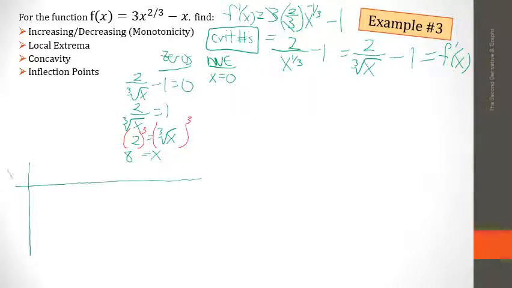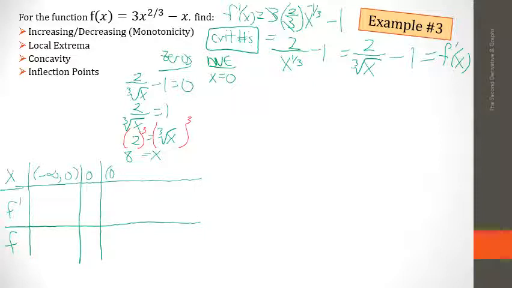So we have x, we have f prime, and we have f. We have negative infinity to 0, we have 0, we have the interval from 0 to 8, we have 8, and then we have the interval from 8 to infinity.